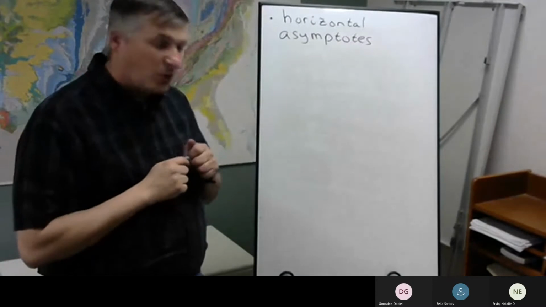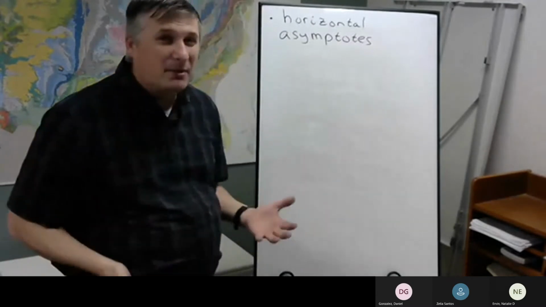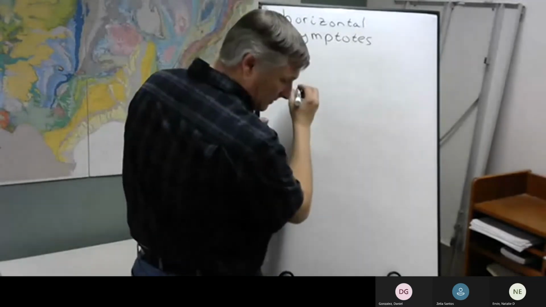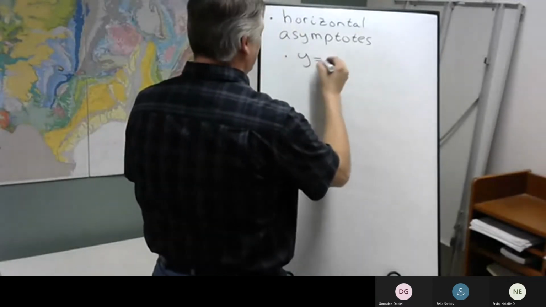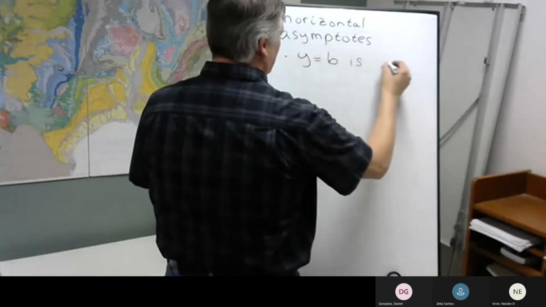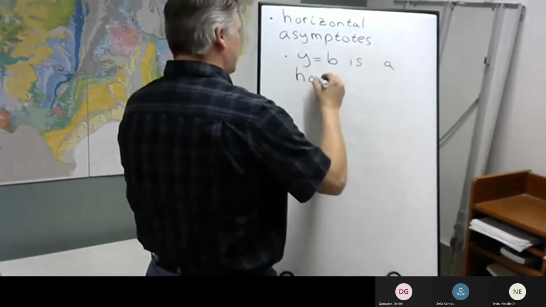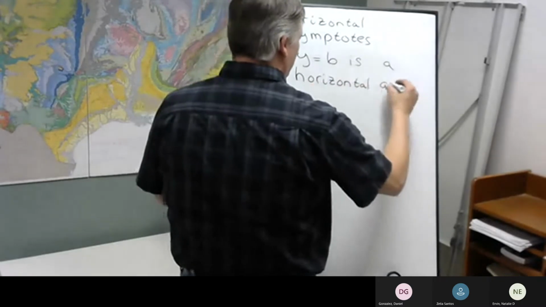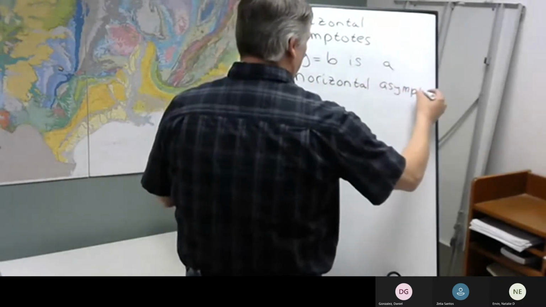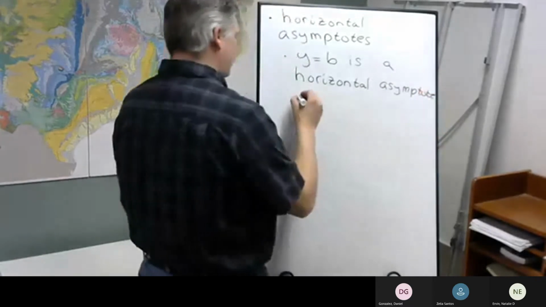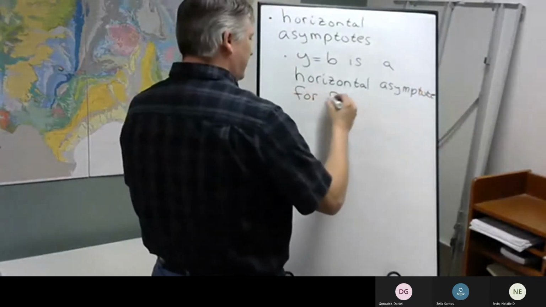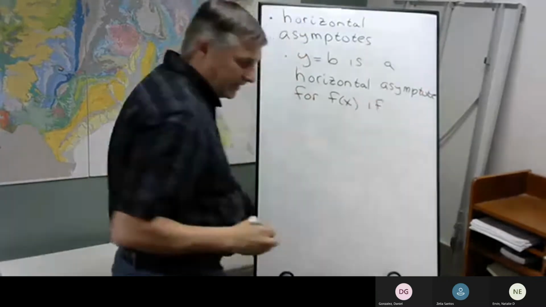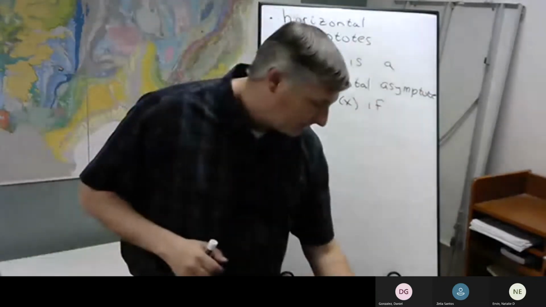So for horizontal asymptotes, we can give a limit definition of what these are. So y equals b is a horizontal asymptote for f of x if, and for this to work, we're going to need a couple limits.